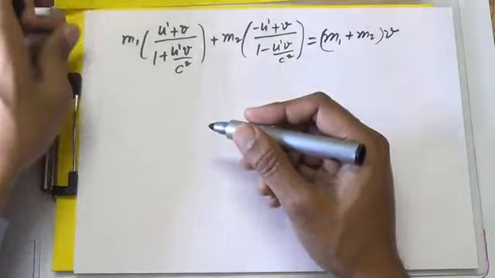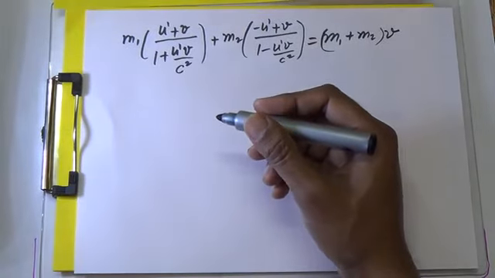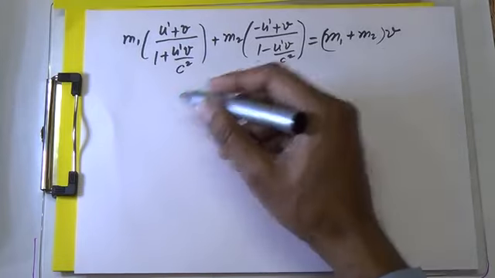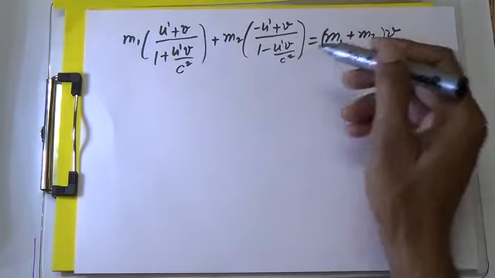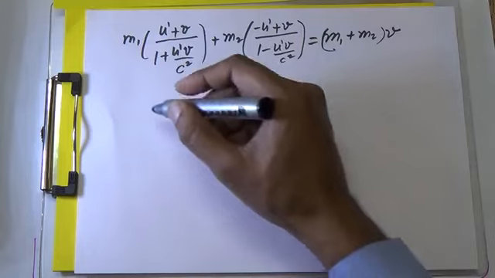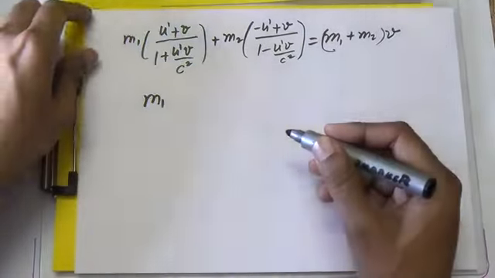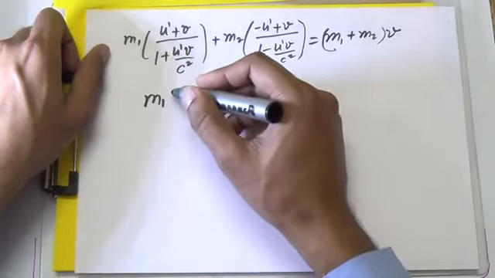So now we have to basically take common m1 and m2 together, m1 with this m1, m2 with this m2, for the purpose to find the ratio between m1 and m2.